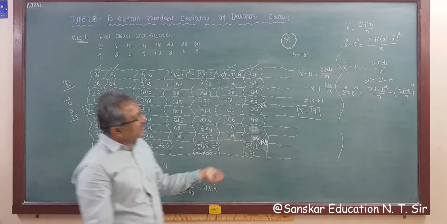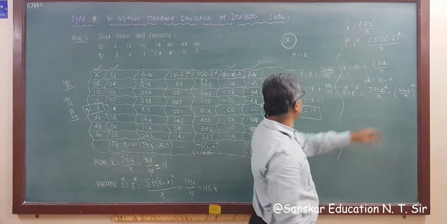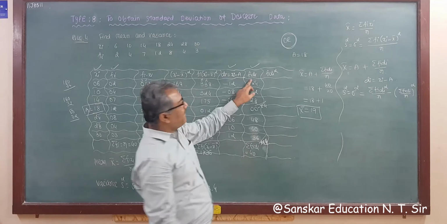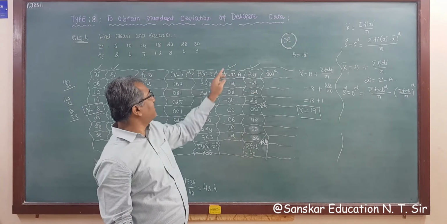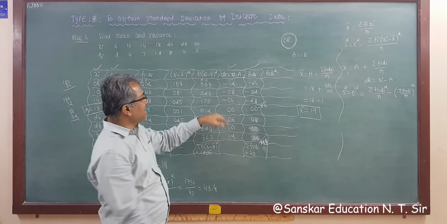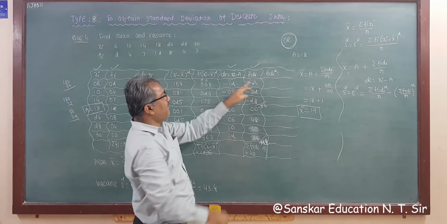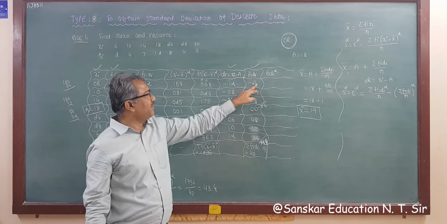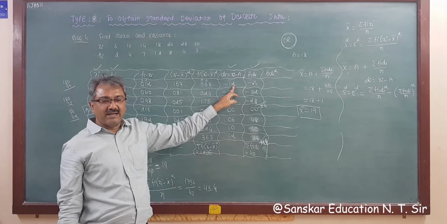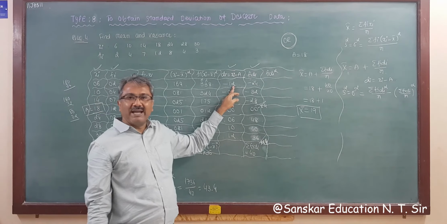Okay. Now for this formula, what do we require? Fi di square. So Fi di square means this is Fi di, and multiply this with this di, you will get your answer, right? So this is 24 into 12, 24 into 10, 240, and 24 into 2 is 48. So the answer is 288.